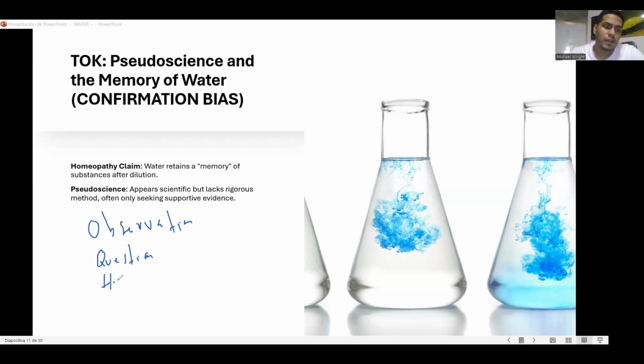Then you're going to make a hypothesis, which is something that can be true or false, but it's something you believe in. After that, you'll have to design experiments to test your hypothesis, to see if it is true or false.